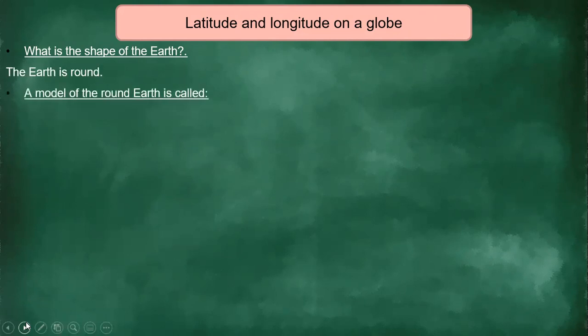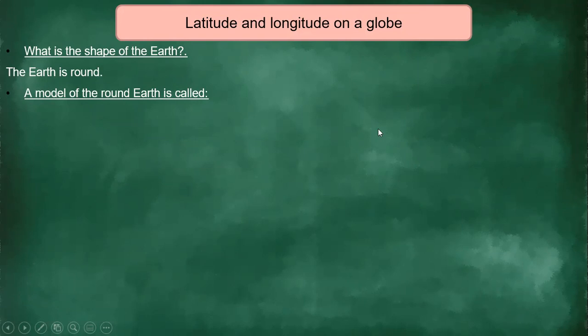Okay, the earth is round. It's a round shape. A model of the round shape is called, what do we call that round shape?